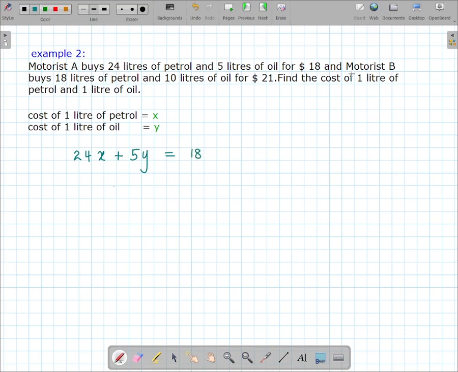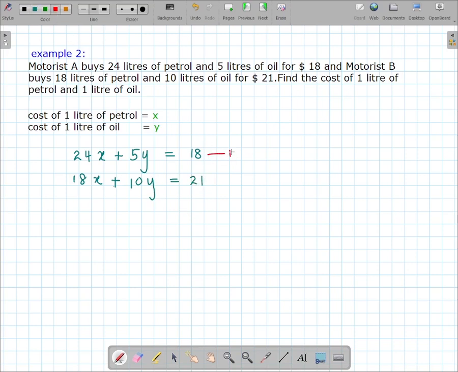Then Motorist B buys 18 liters of petrol. That means 1 liter is x, x times 18, that is 18x. Plus 10 liters of oil. 1 liter is y, 10 liters 10y. Equals total cost is $21.